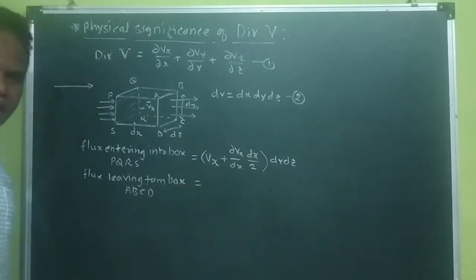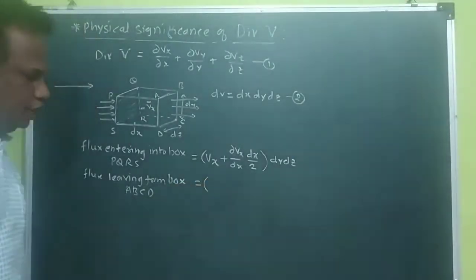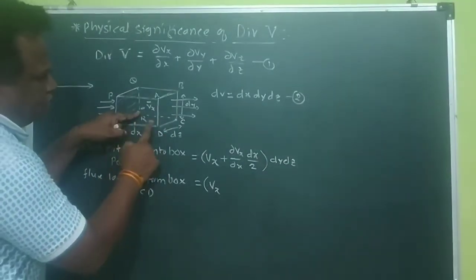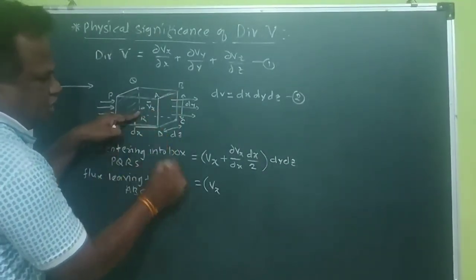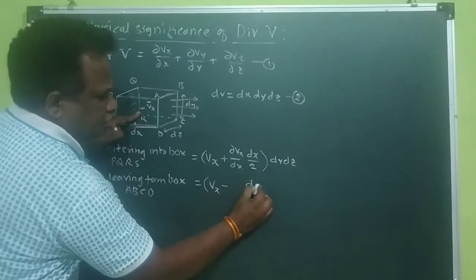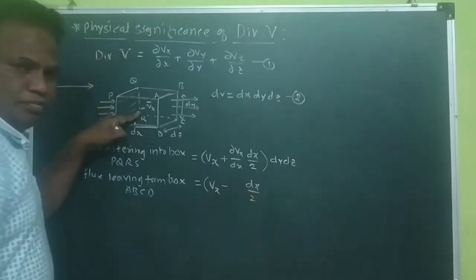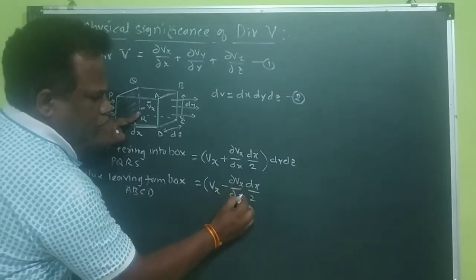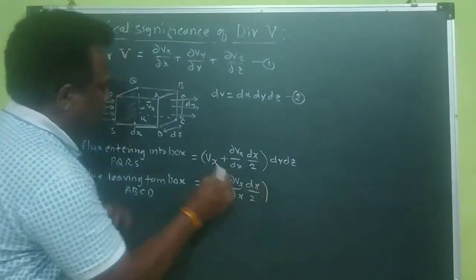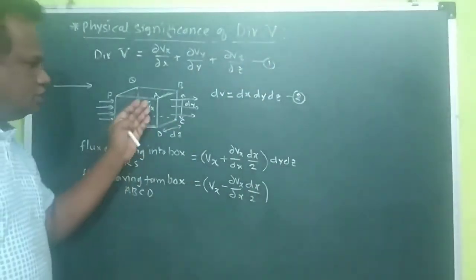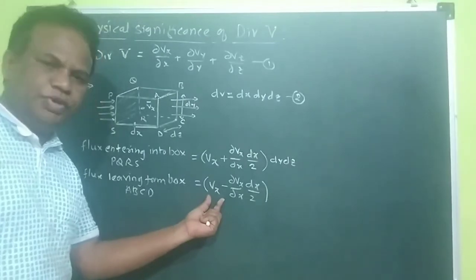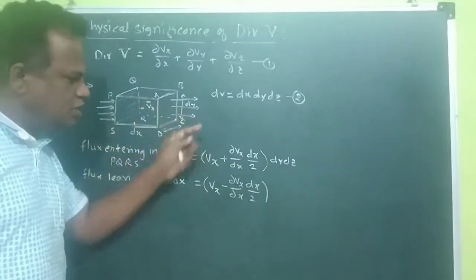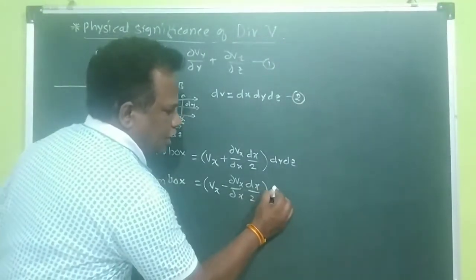At the center it is Vx, and this surface ABCD is at a distance dx by 2. Vx is varying with respect to the x direction, so dou Vx divided by dou x. And why is it minus? Because it is leaving the box, it is decreasing. Entering means plus, leaving means negative. And the area is dy into dz.